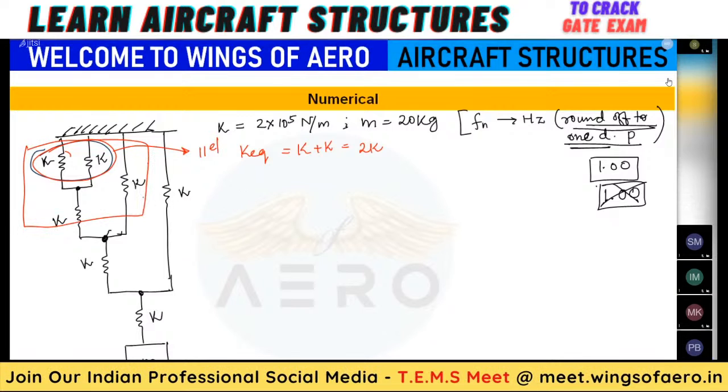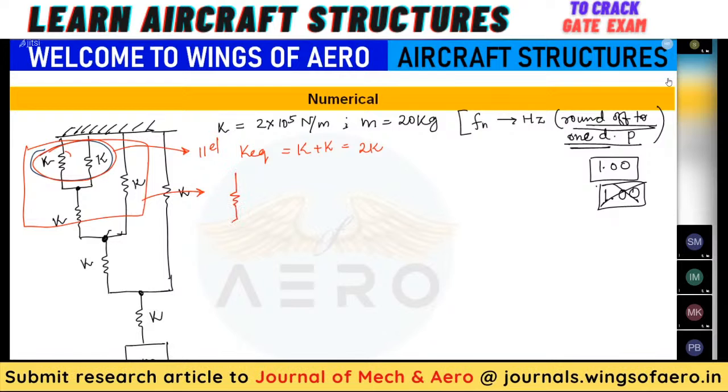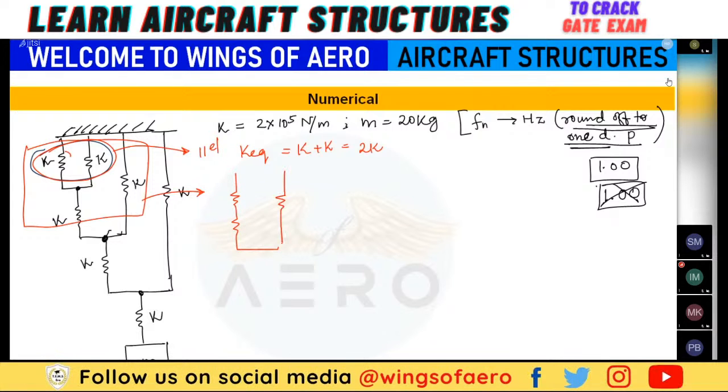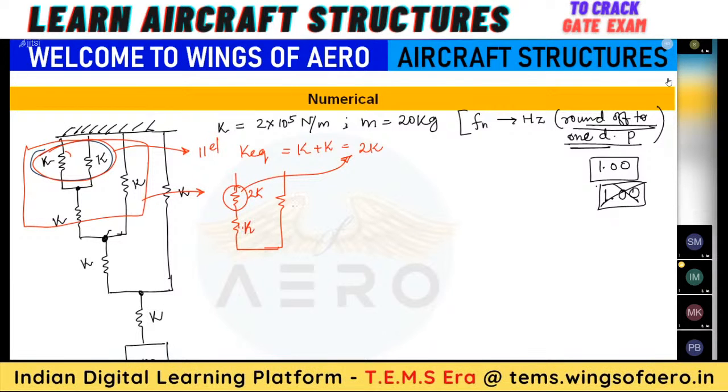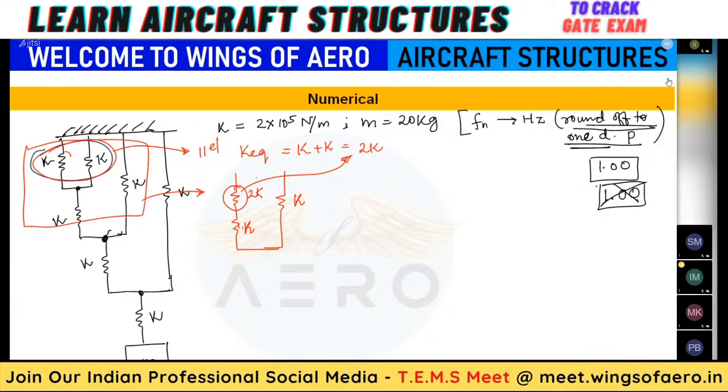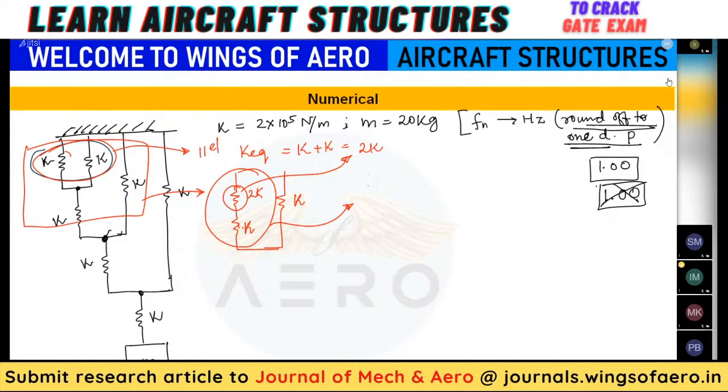Now you find out this one. This value will be 2K. Then it is in series with K, and then it is in parallel. So first you need to combine this together. It is in series.